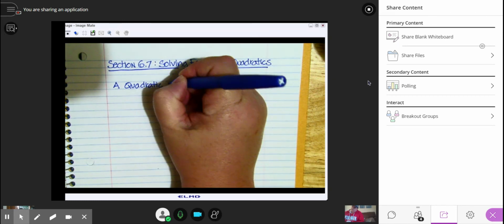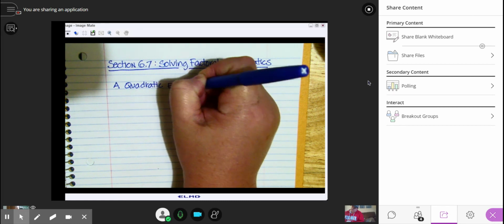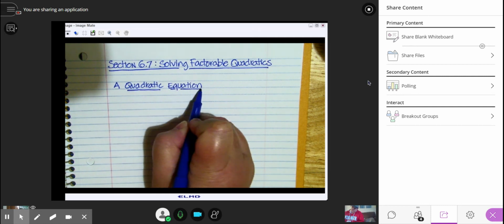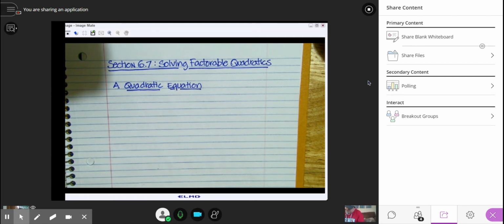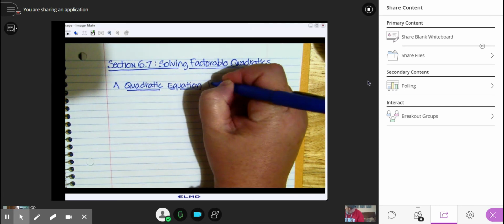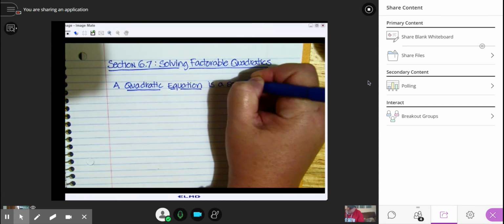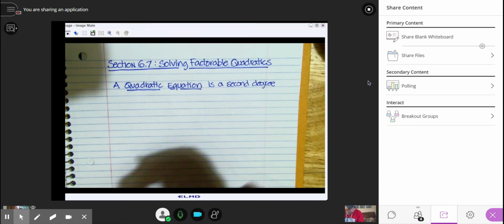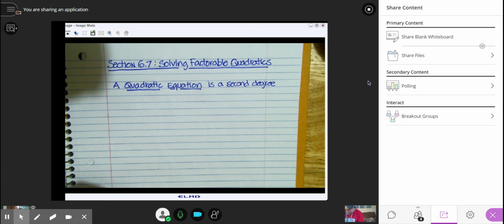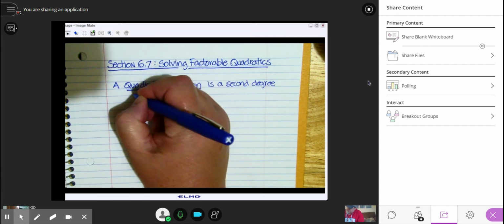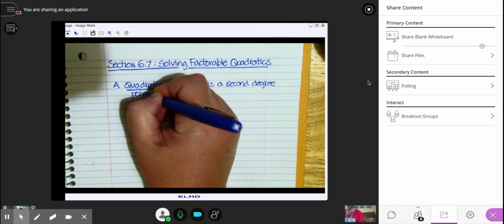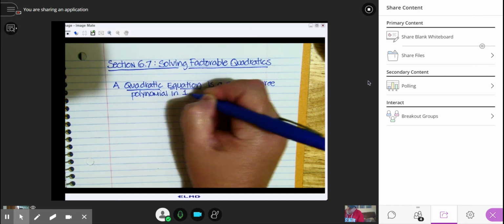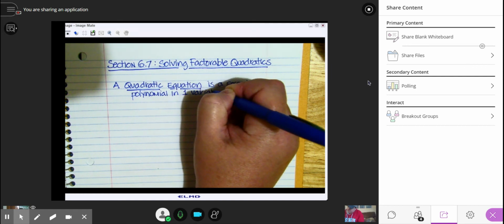All right. First of all, a little vocabulary. A quadratic equation is a second-degree polynomial in one variable.